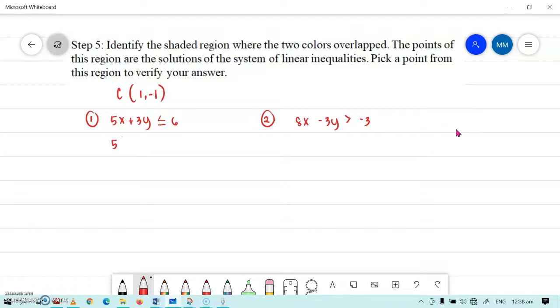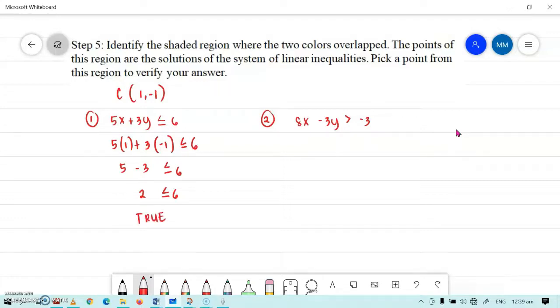Substitute 5 times 1 because x is 1, plus 3 times -1, is less than or equal to 6. 5 times 1 is 5. 3 times -1 is -3, is less than or equal to 6. 5 minus 3 is 2, and 2 is less than 6. So meaning to say, point C satisfies the first inequality.